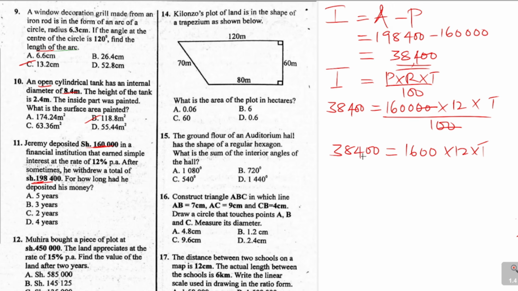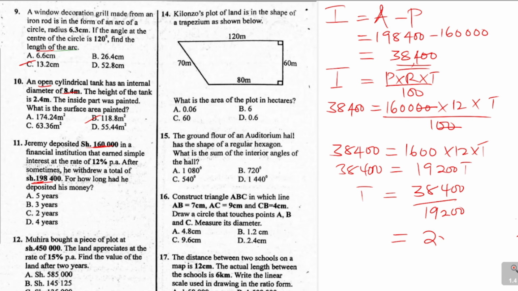So then from there, this will give 38,400 is equal to 19,200 t. So t will be given by, you divide both sides by 19,200. So this will be 38,400 divided by 19,200. And this will give 2 years. So 2 years is the period that money was deposited.